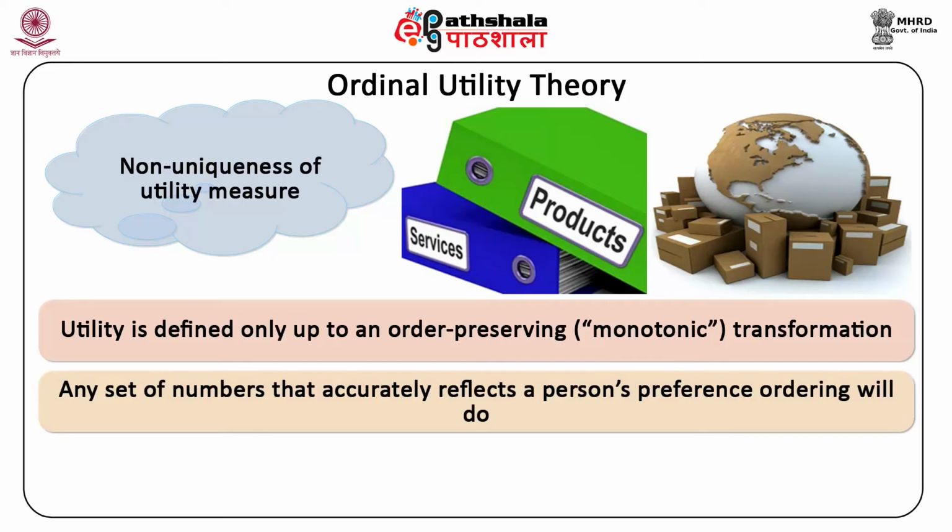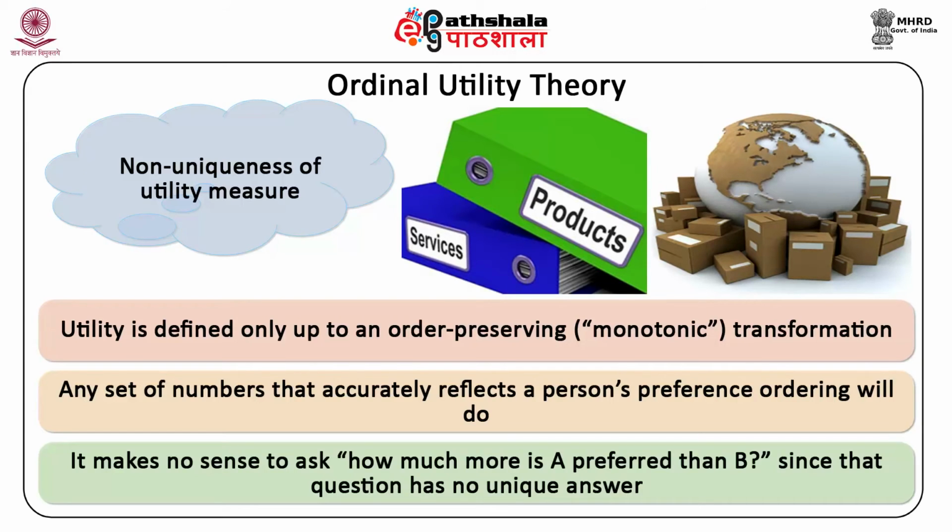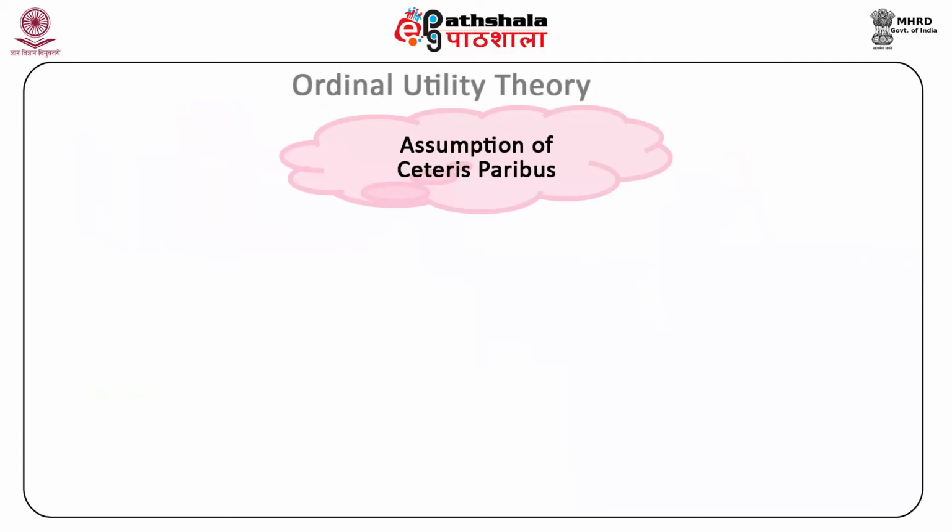Any set of numbers that accurately reflects a person's preference ordering will do. Consequently, it makes no sense to ask how much more B is preferred than A, since that question has no unique answer. Third point is the assumption of ceteris paribus.